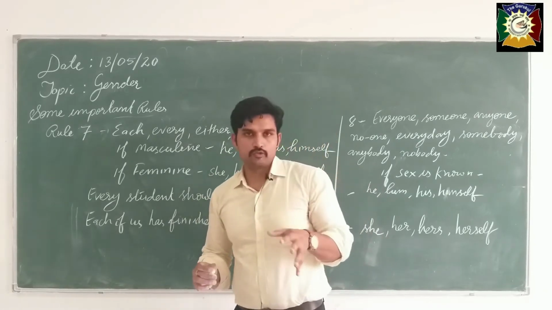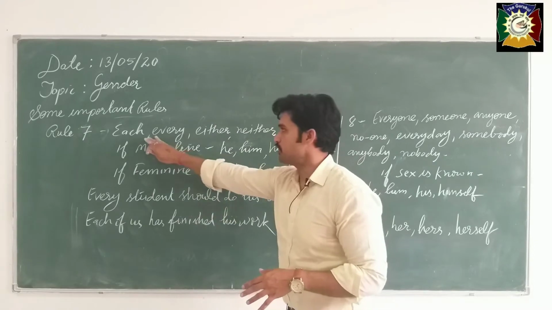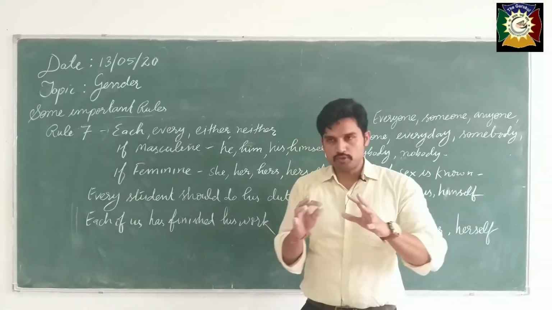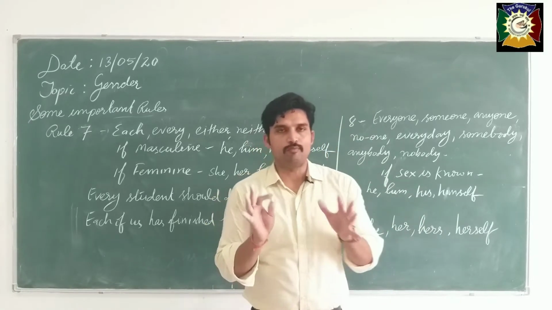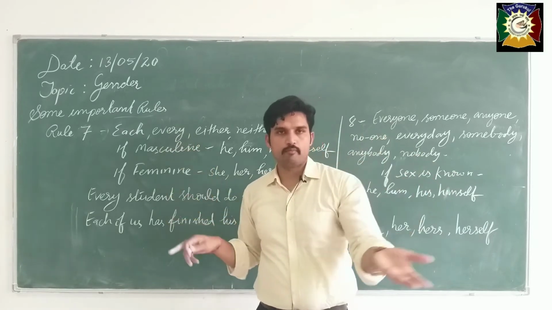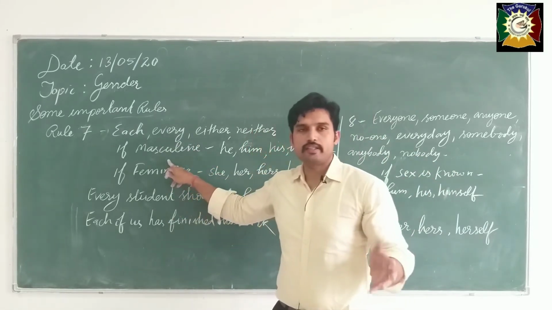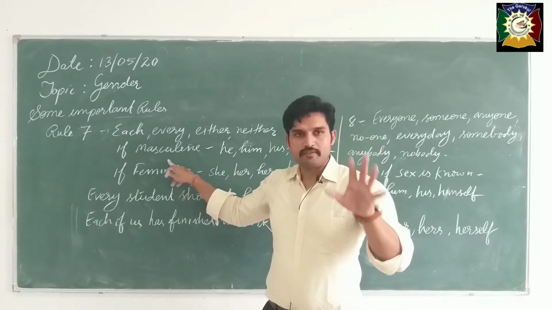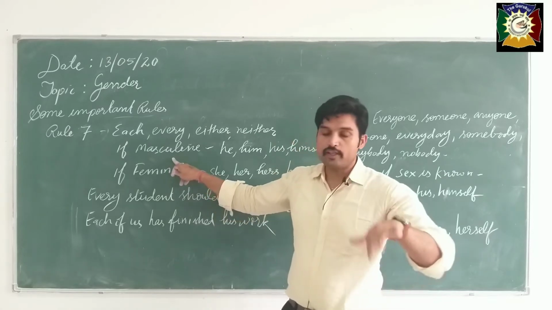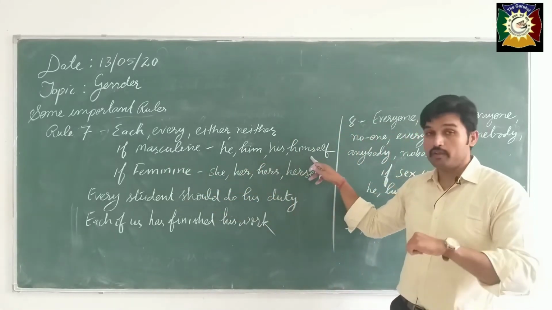After this, rule number 7. First of all, look at these pronouns: each, every, either, neither. Now suppose you are in a class of boys. Everyone is a boy, one of the boys. So when you come to know that the specified person belongs to masculine gender, then you are likely to use he, him, his, himself.